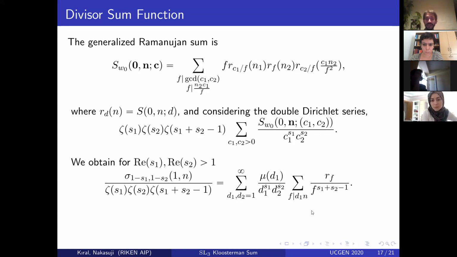Sorry, I forgot that. The point here being that we have a triple Divisor series expressing this sigma function generalized to SL3, being writable as a triple Divisor series of exponential sums. This is the Ramanujan sum, modulo f, but there should also be a twisting factor here. Sorry, I don't know how I missed that, but there should be something here.